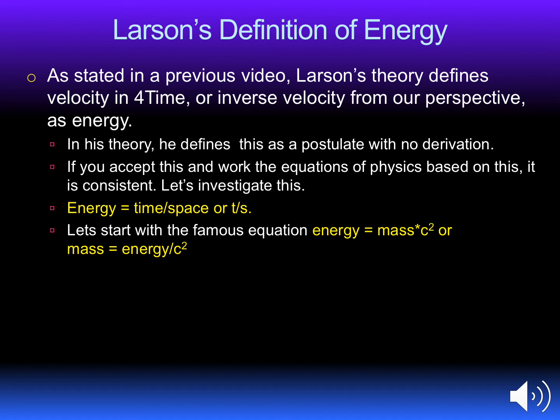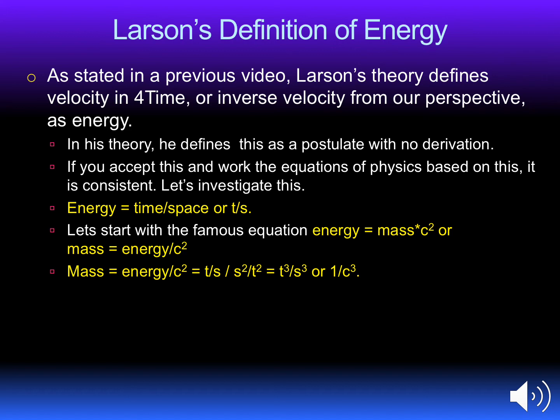Now let's start with the famous equation. In physics, energy is equal to mass times the speed of light squared. Or to switch it around, mass is equal to energy divided by c squared. So mass is equal to energy divided by c squared, which would be the equivalent of energy, which is time over space, or T divided by S, divided by S squared divided by T squared, which is c squared.